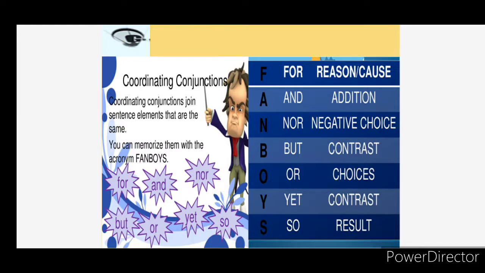So coordinating conjunctions join sentence elements that are the same, and you can memorize them with the acronym FANBOYS.